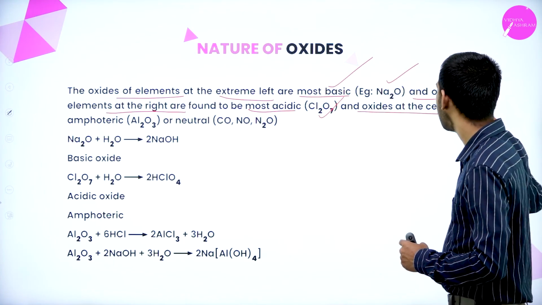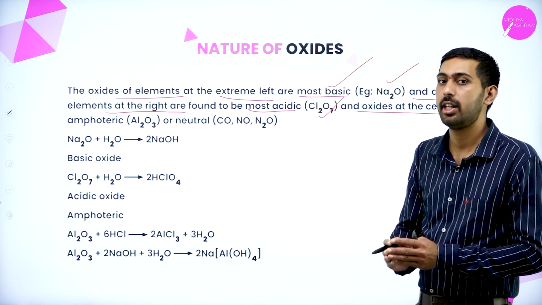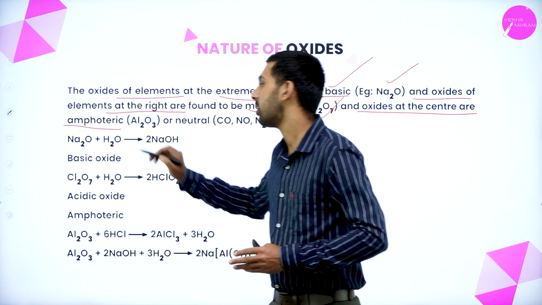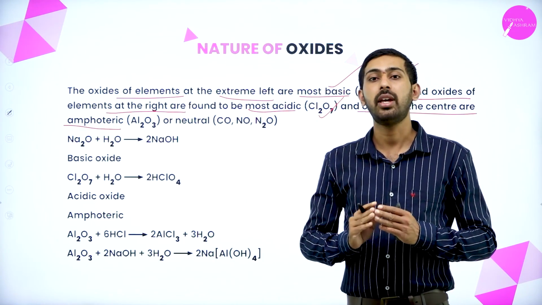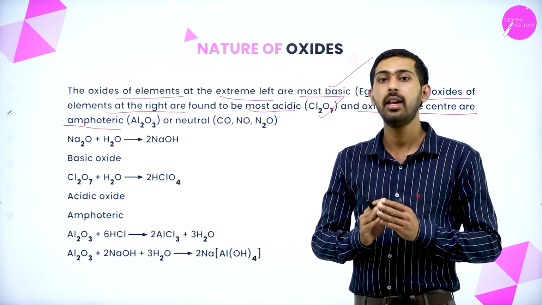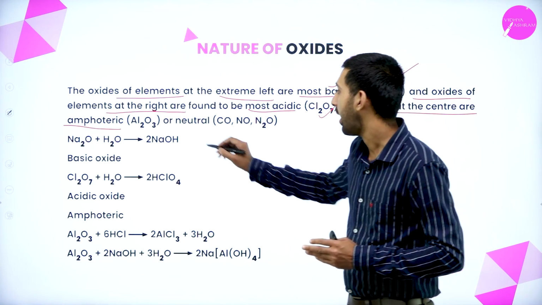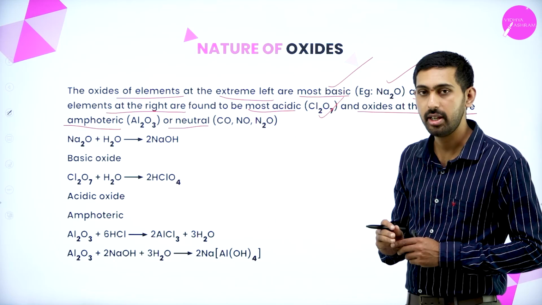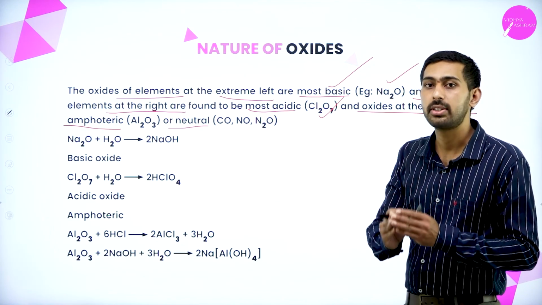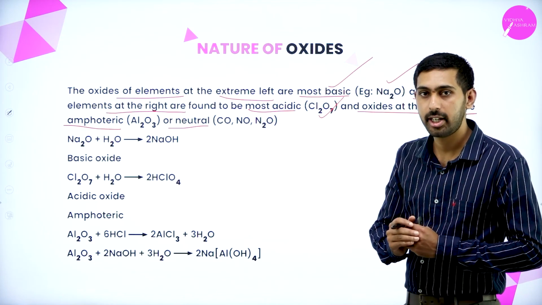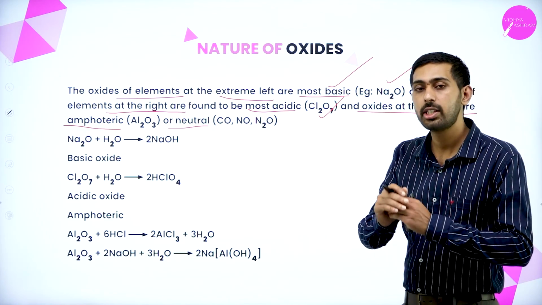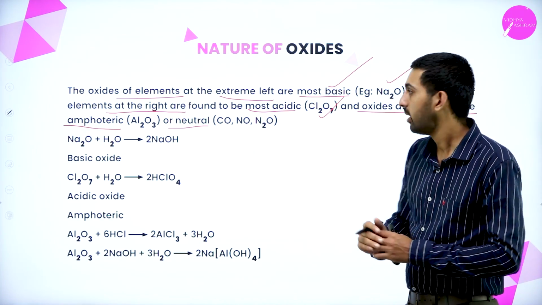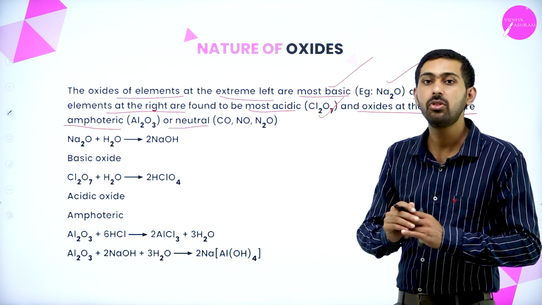Oxides at the center of the periodic table show amphoteric nature, meaning they act like both acids and bases, or we can say neutral. First, the elements present on the left side of the periodic table form oxides that are most basic.